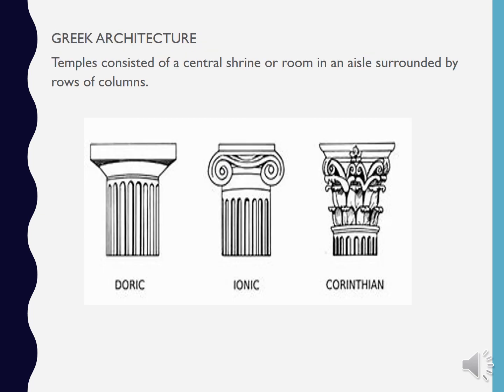Next is Greek architecture. Temples consisted of a central shrine or room in an aisle surrounded by rows of columns. So Doric, Ionic, Corinthian. So these are examples of Greek architecture.